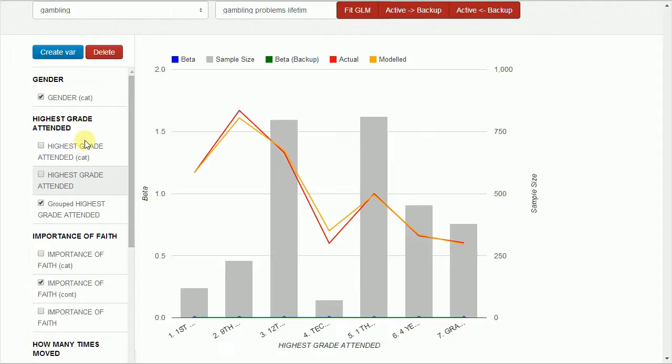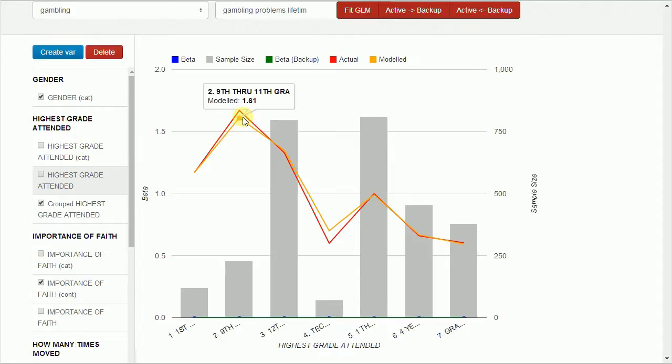Now recall that the gambling scores were on a scale of 0 to 10, with the vast majority of people scoring a 0. So after the model has scored every respondent with a modelled value, Preddle calculates the average modelled score for comparison against the actual score to see how good the model is predicting.